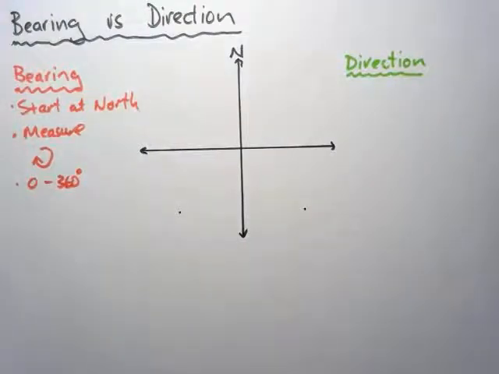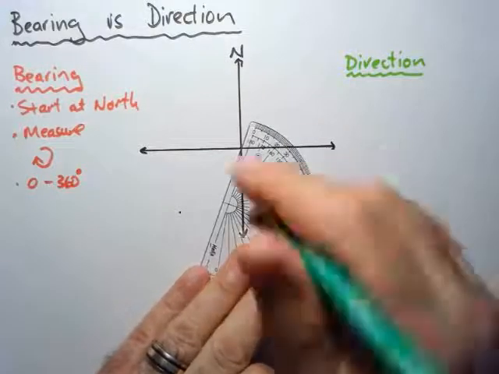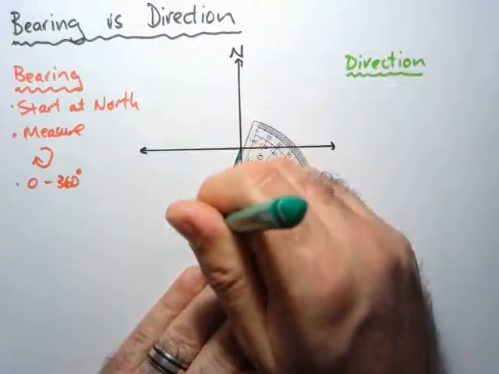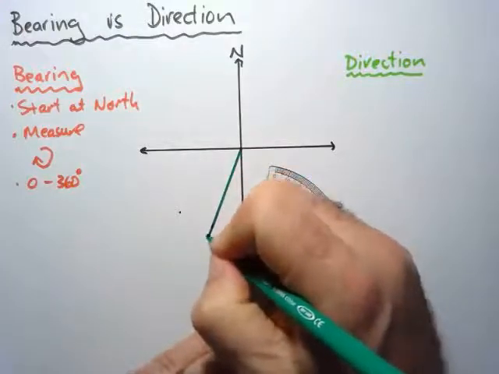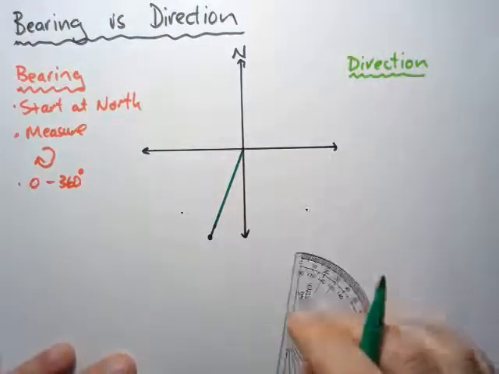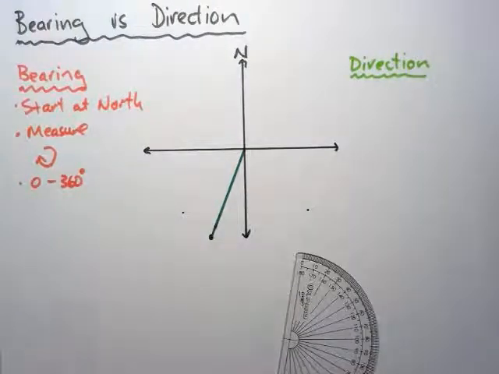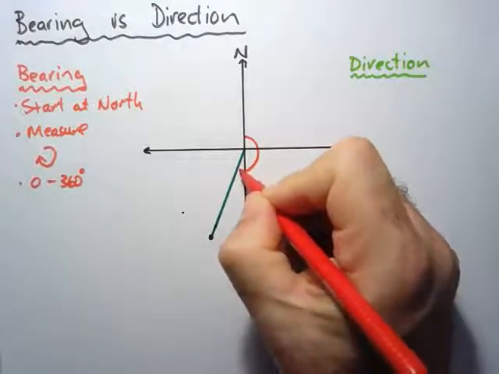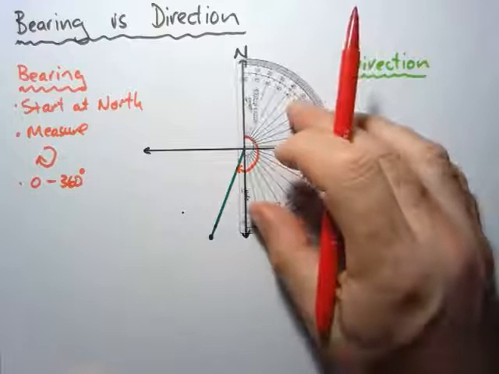Let's have a look at an example. Let's just draw this one. I'm going to draw a line there and ask, what's the bearing of this point? What I do is I measure from north in a clockwise direction. Now I know that is 180.